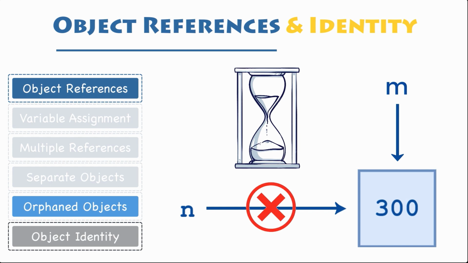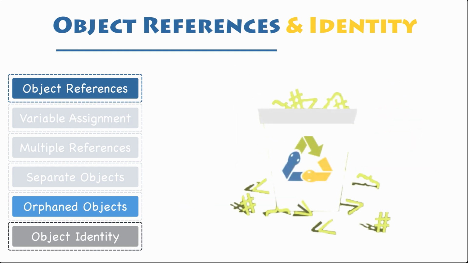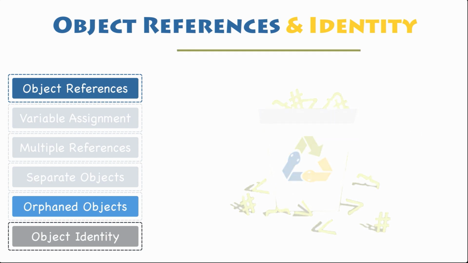When the number of references to an object drops to 0, it is no longer accessible. At that point, its lifetime is over. Python will eventually notice that it is inaccessible and reclaim the allocated memory, so it can be used for something else. In computer lingo, this process is referred to as garbage collection.